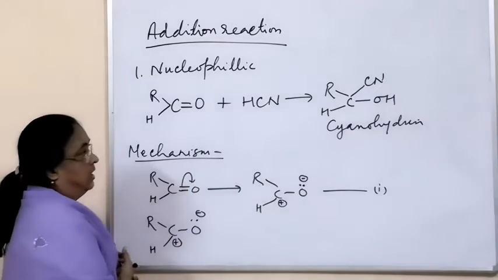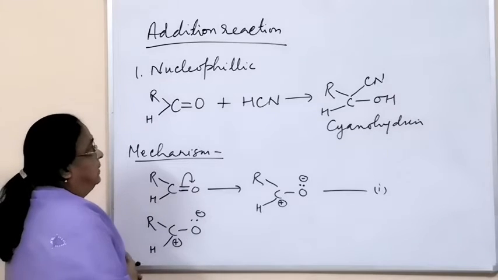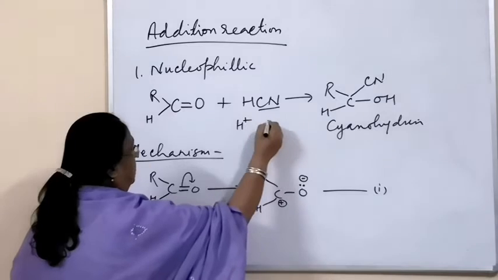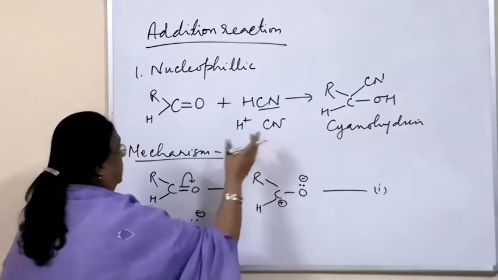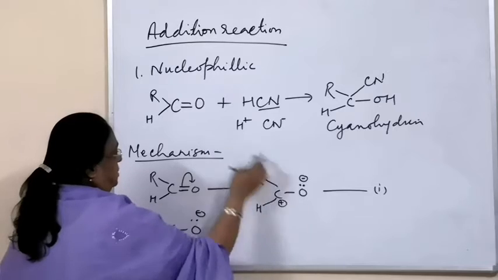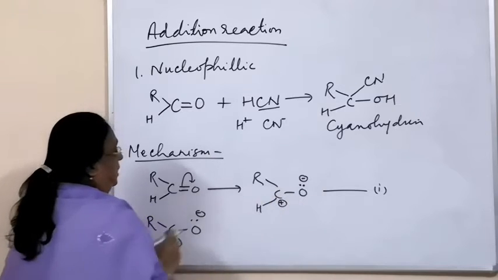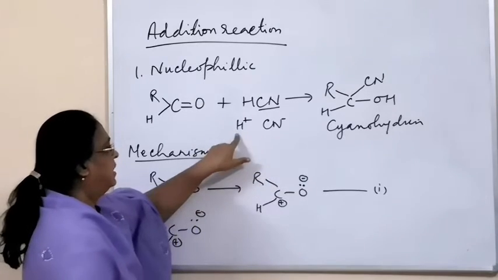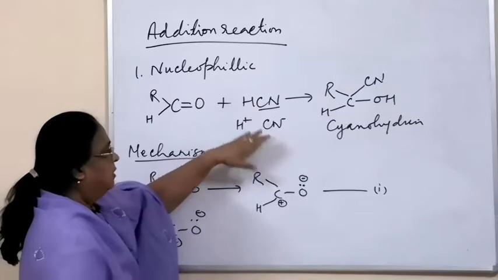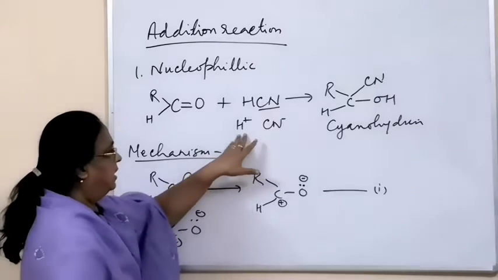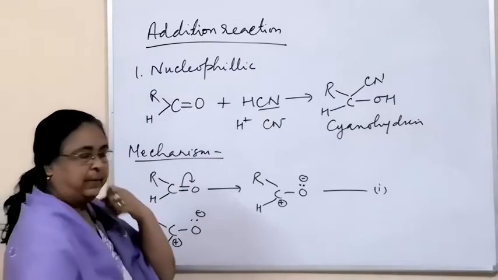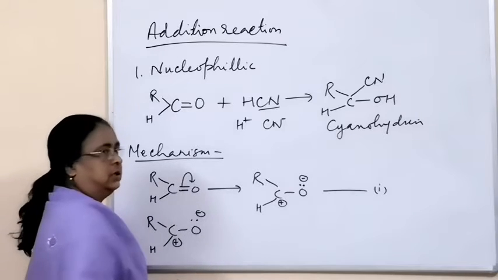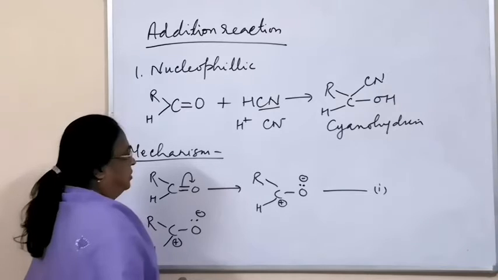HCN is an ionic compound, so it has a cyanide part, the nucleophilic part, and a hydrogen ion. Both will be attacking this. Positive will attack here, negative will attack here, but this is the nucleophilic part and this is the electrophilic part of the addendum. So both will not be attacking simultaneously, but one by one. One will go first, the other later on.